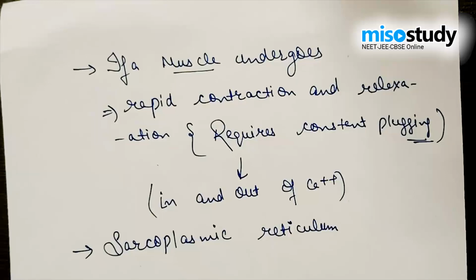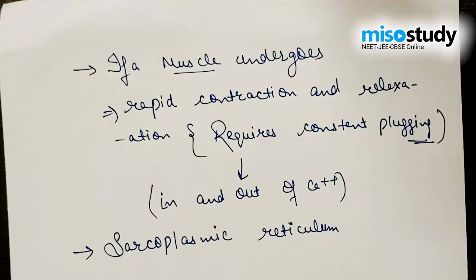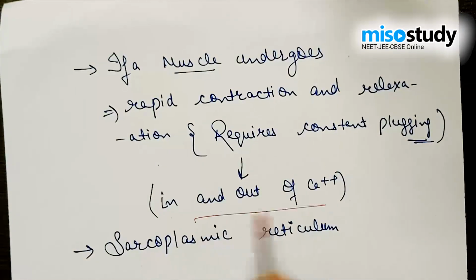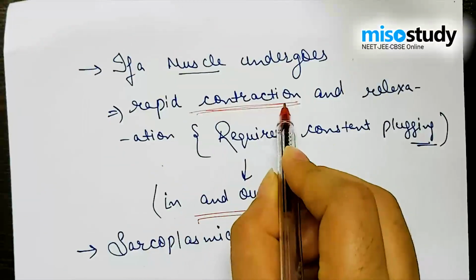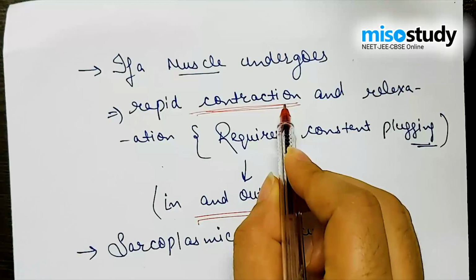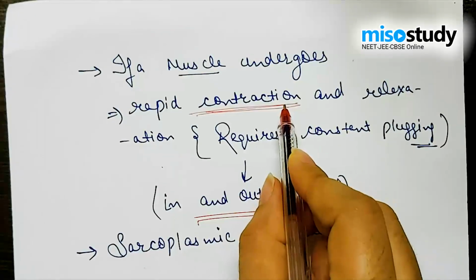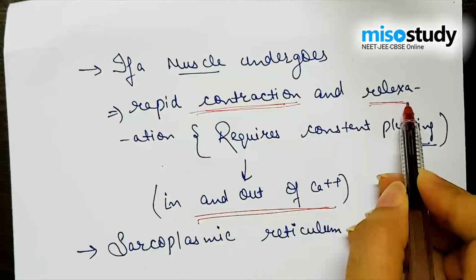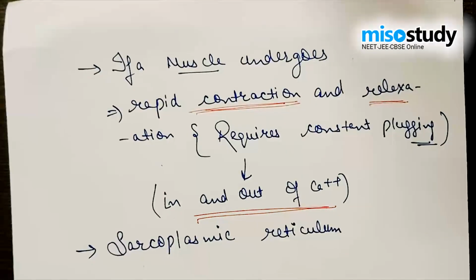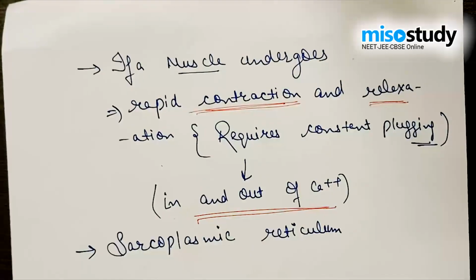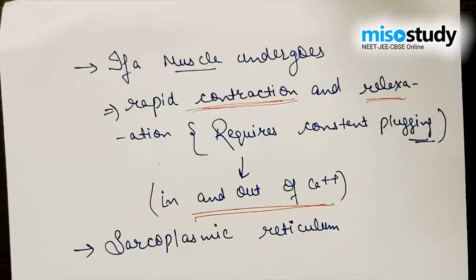In contraction, calcium ions move from the sarcoplasmic lumen to the sarcoplasm, and in relaxation the opposite happens: the calcium ions are pumped back into the lumen from the sarcoplasm.